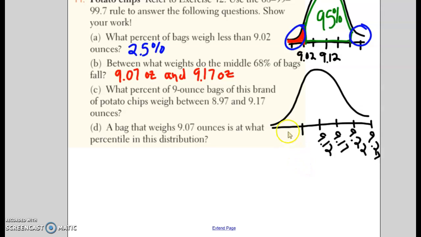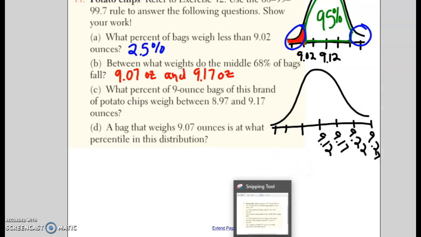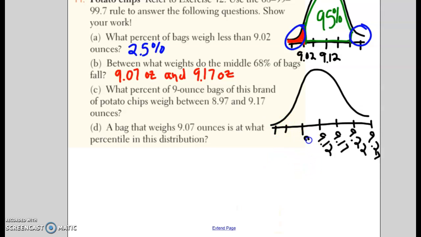I'm just relabeling my standard deviations. 9.07. So I'm going to highlight or shade in the area that it wants me to find, between 8.97, that's right here, and 9.17, that's right here. So I want this area.